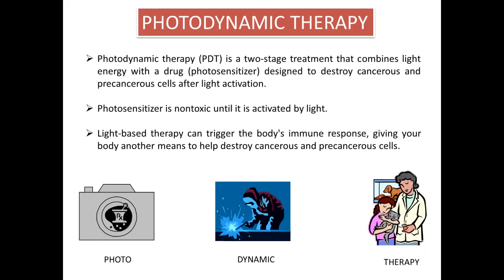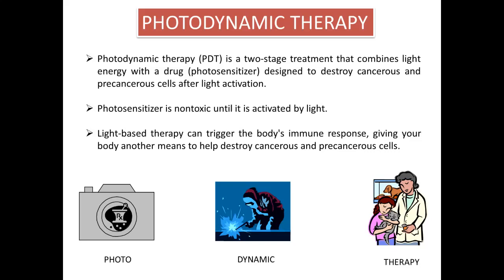Usually we know dynamic means it's not stable, but here, to understand it, the dye means the drug dye, our photosensitizer. So light and photosensitizer together will work to generate oxygen, which can kill the cancer cells inside the body. This is what we call photodynamic therapy.